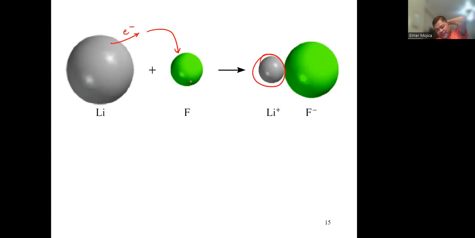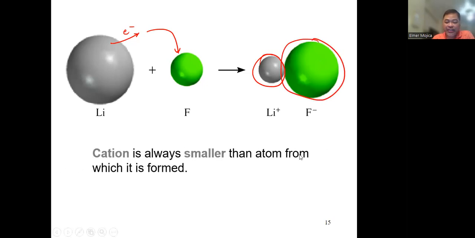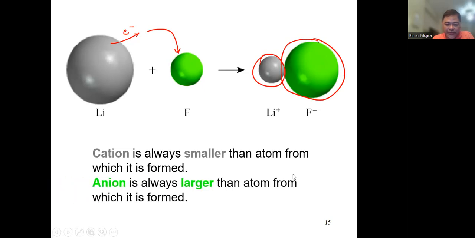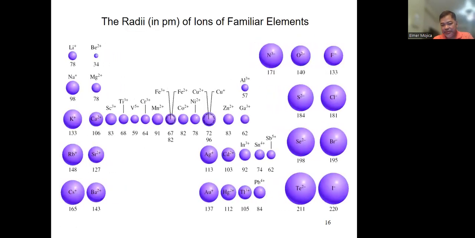When the electron is added to the fluorine to give you fluoride, this is the size. So a cation is always smaller than the atom from which it is formed, and an anion is always larger than the atom from which it is formed. If you look at the ionic radii, this is how it looks. Look at all the negatively charged ions. They become bigger.